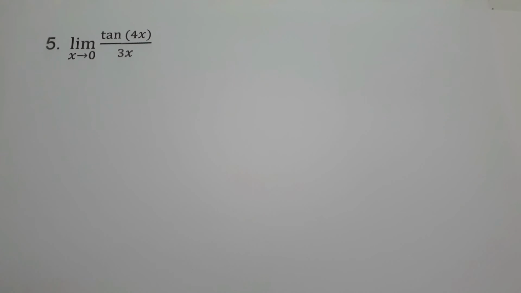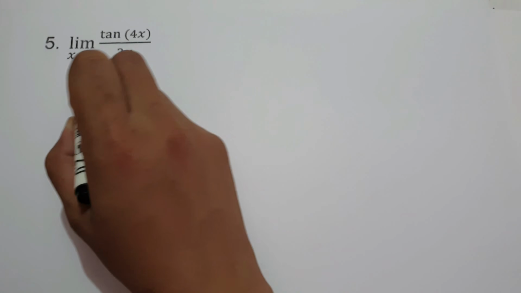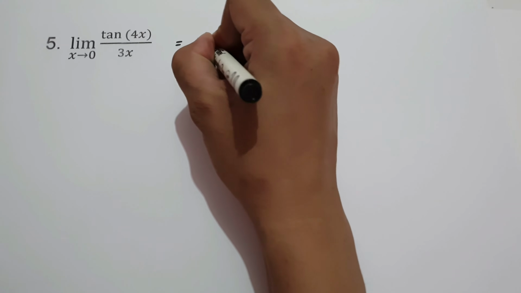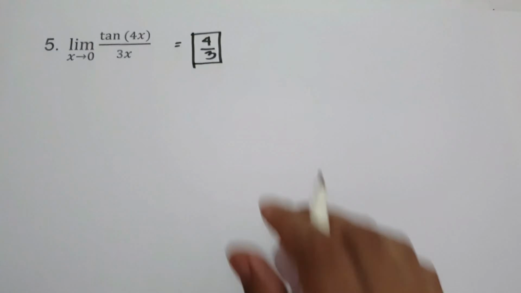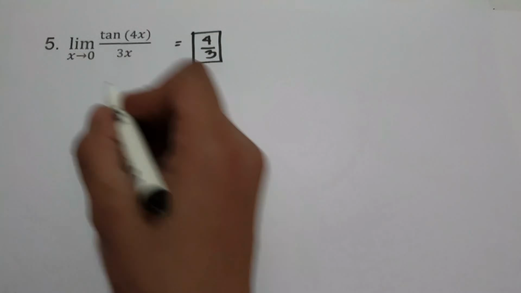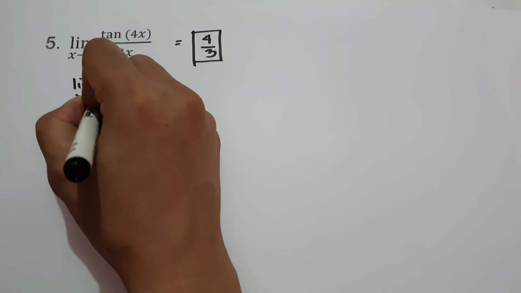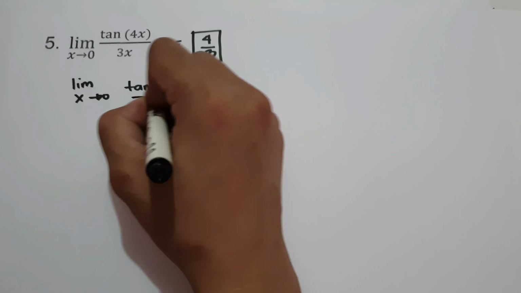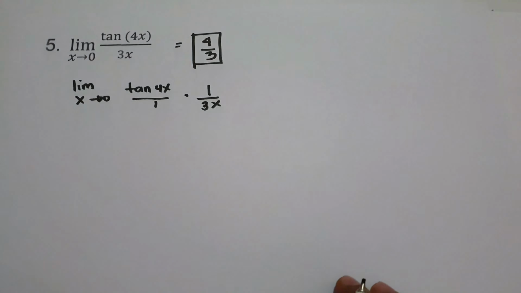On example number 5, we have the limit of tangent 4x over 3x as x approaches 0. So by mere inspection, we can say that this expression is equal to 4 over 3. But how can we find the solution of this expression? Let us write this as the limit as x approaches 0 of tangent 4x over 1 times 1 over 3x.